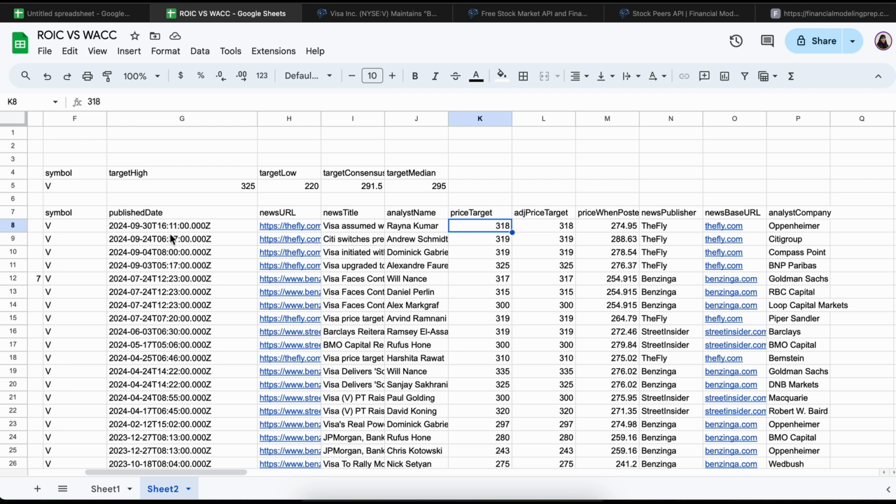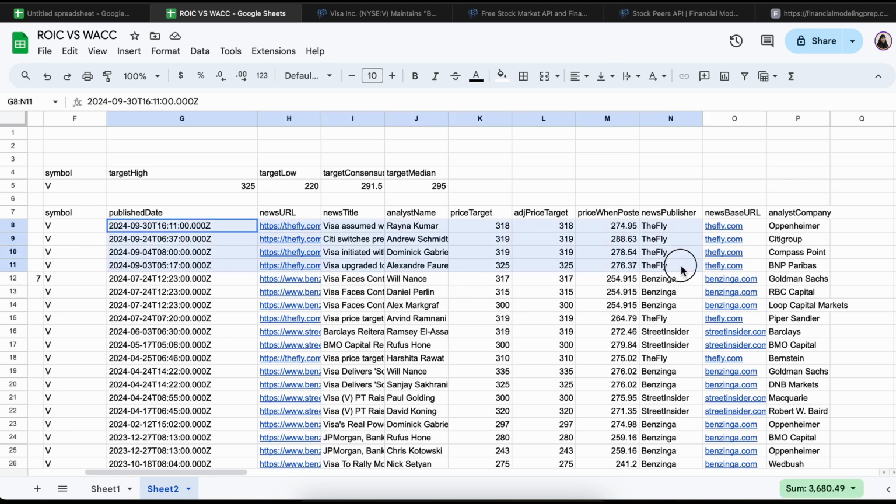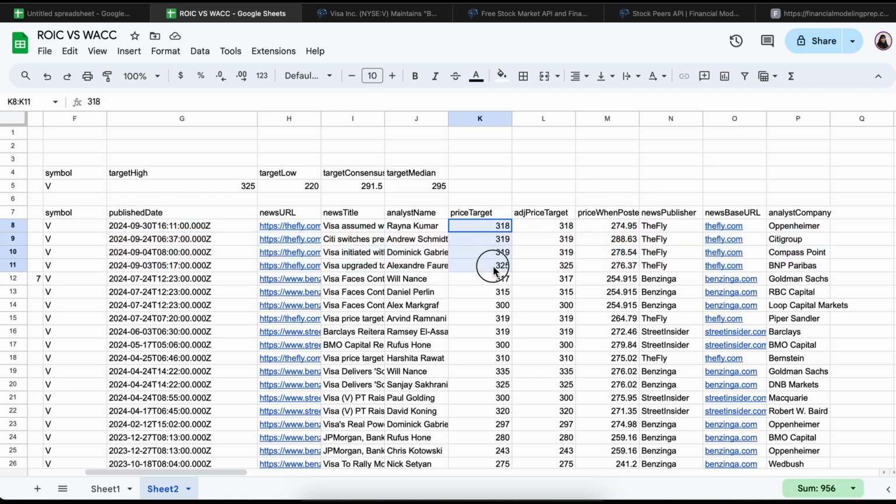Always pay attention to recent target price changes. This one was a long time ago, so it may not be relevant right now, but these are recent target price changes. You can see the average price among those analysts.